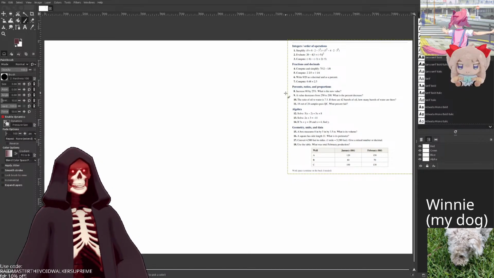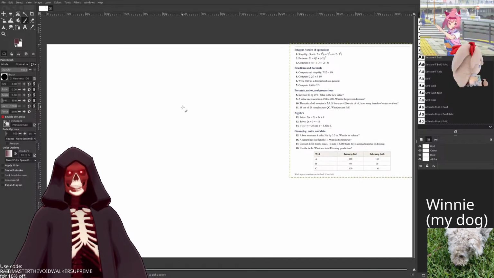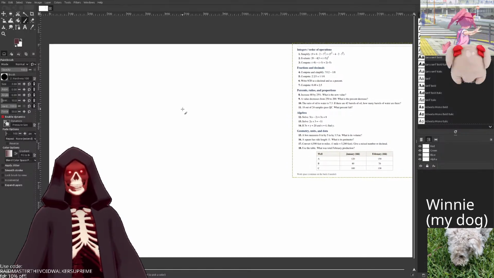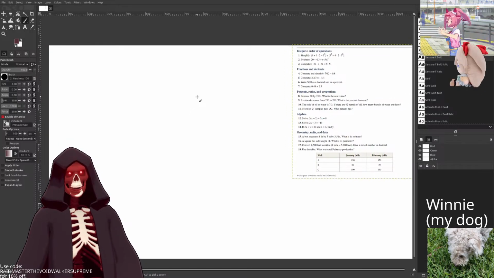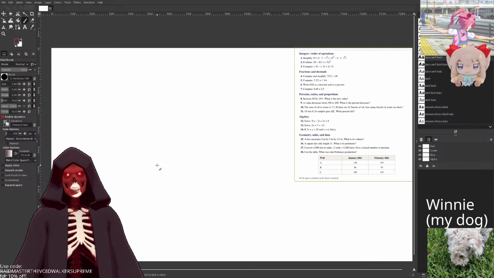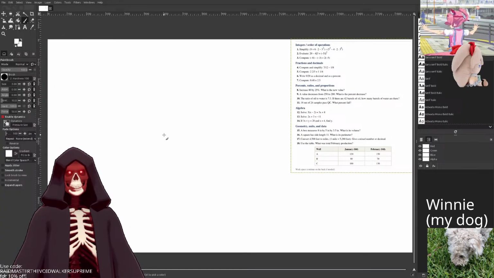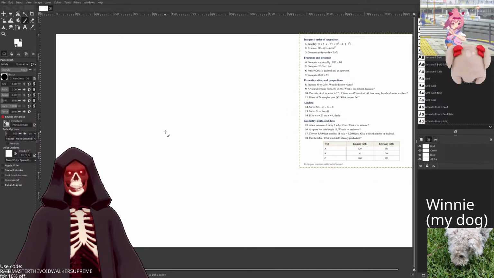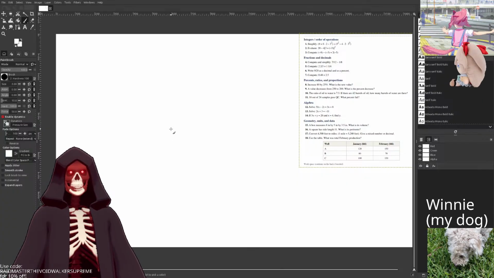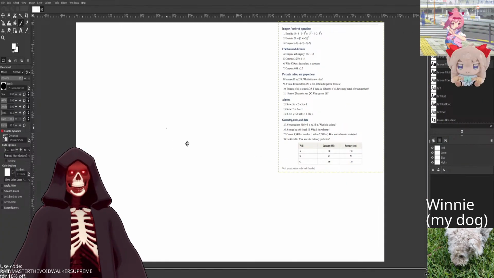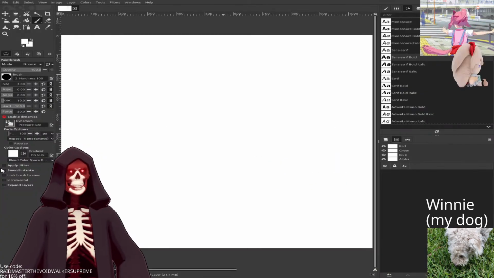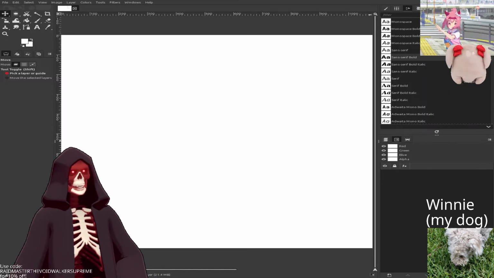How do I zoom in? Oh. Did not mean to do that.